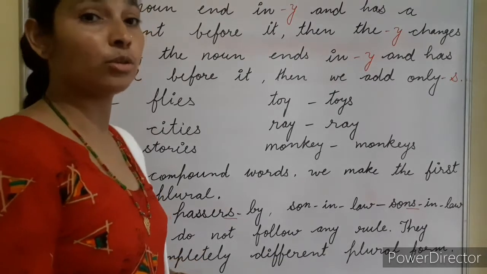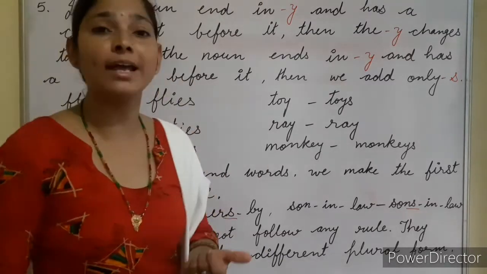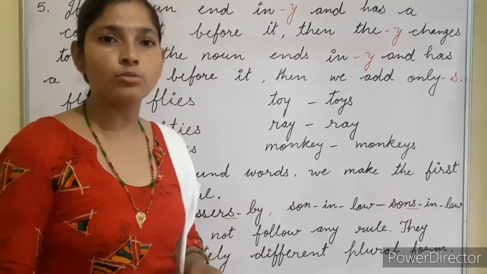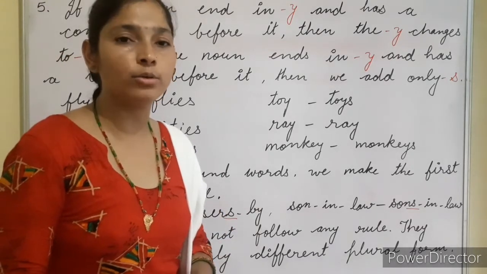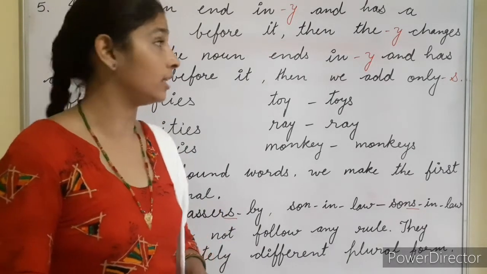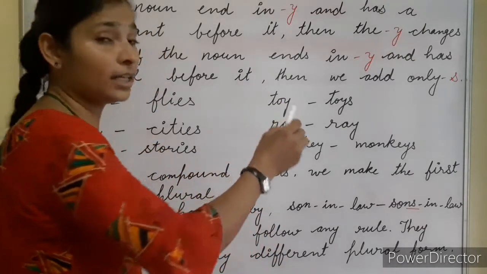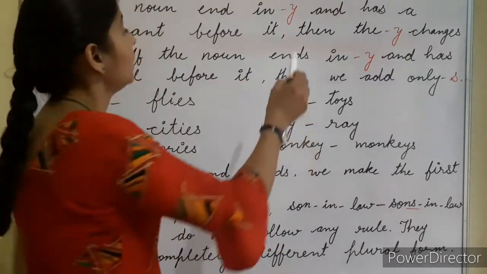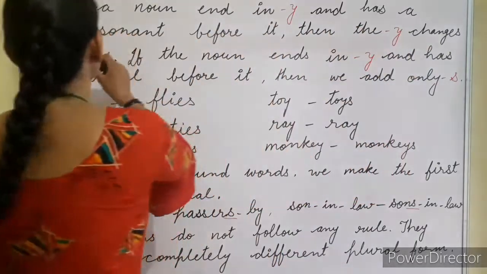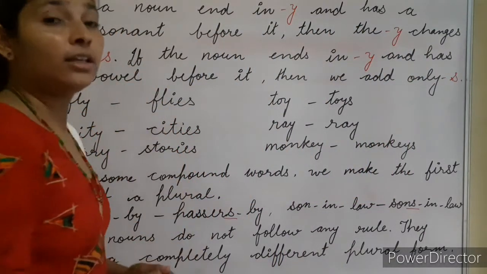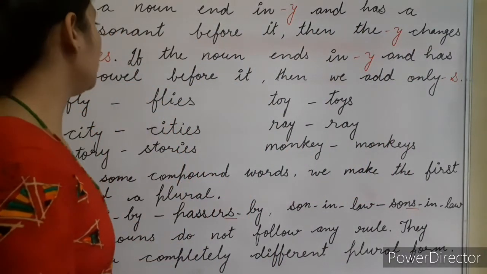Same as in Hindi, the consonant is known as Vyanjan, and the 5 vowels in English are called Swar. So if you get a consonant before y, then we change y into ies.